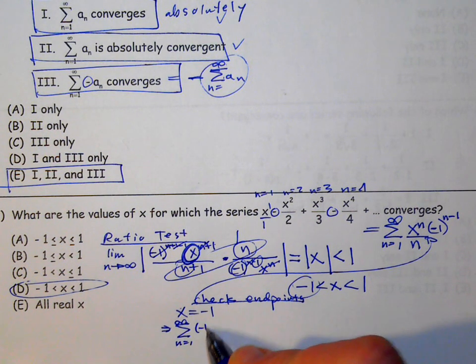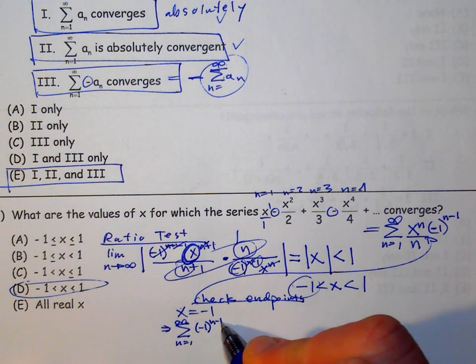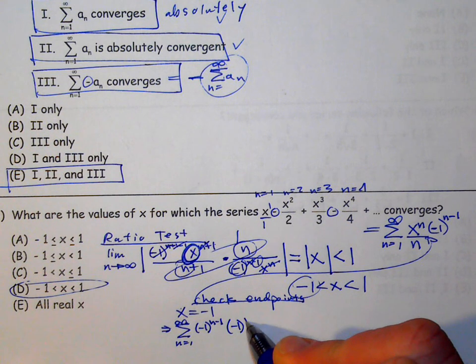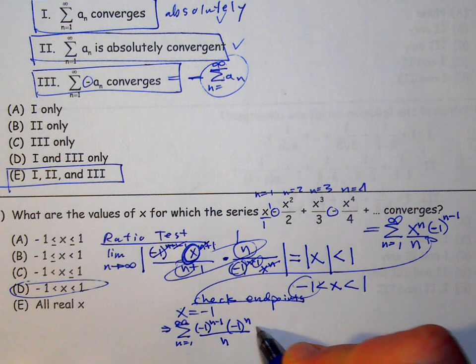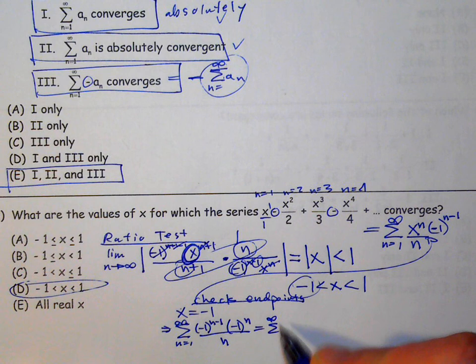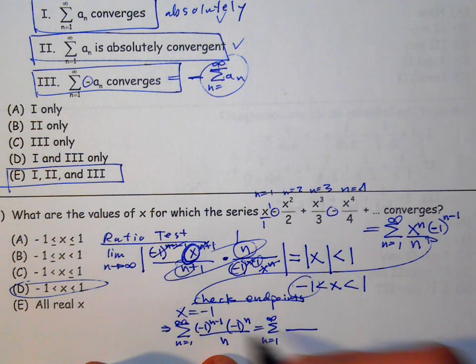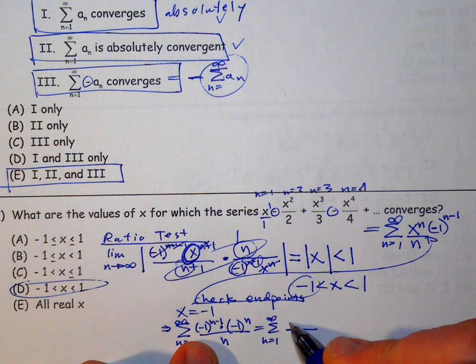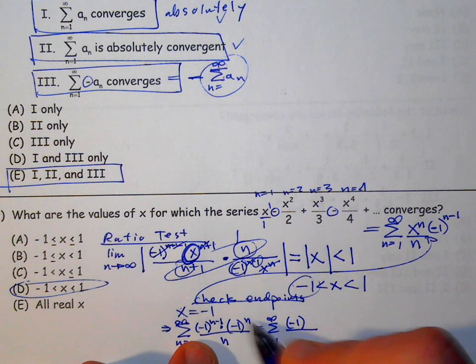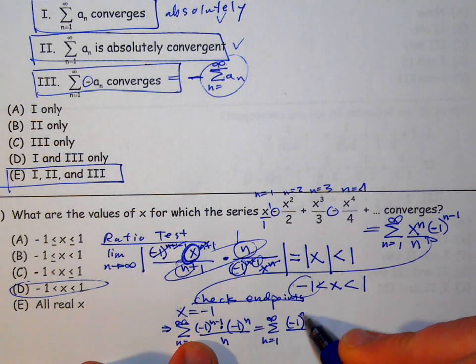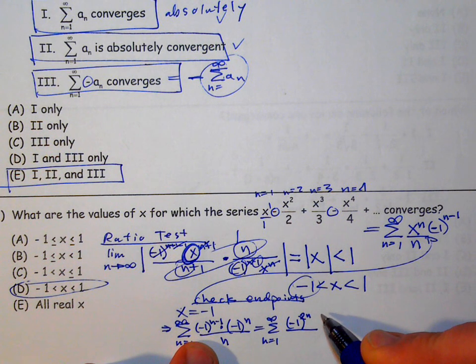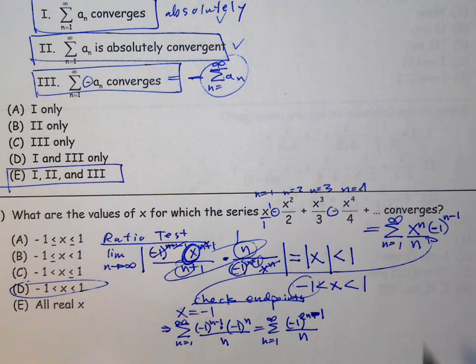I'm going to put the -1 up front here, and we're going to plug -1 in. Then we can try to simplify that. By the rules of exponents, these are the same base, so it's going to be -1, and you would add these exponents and get (-1) to the 2n minus 1, over n.